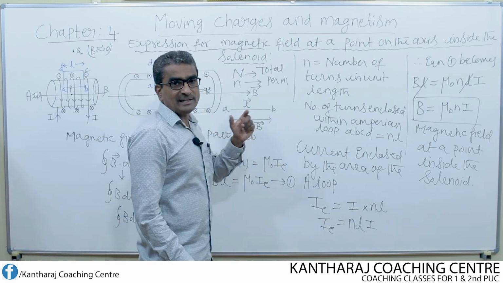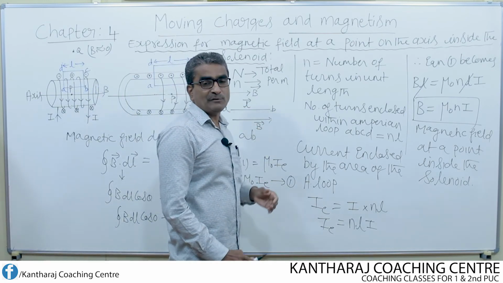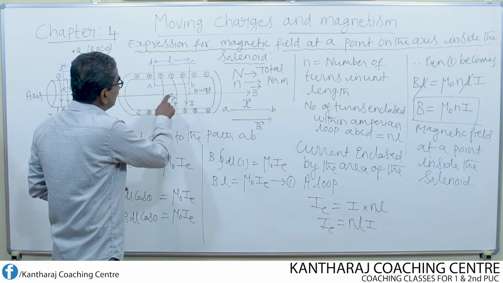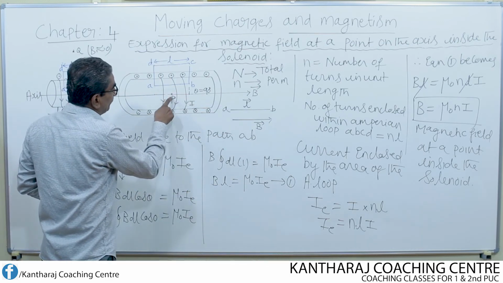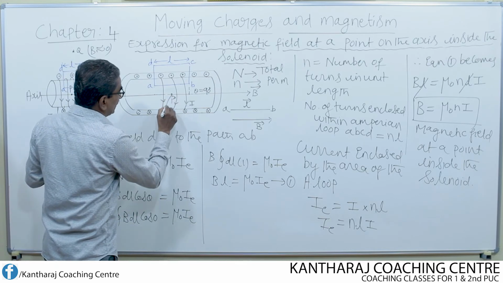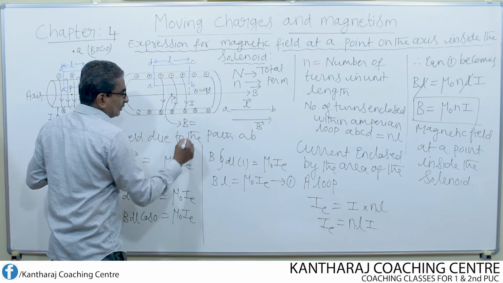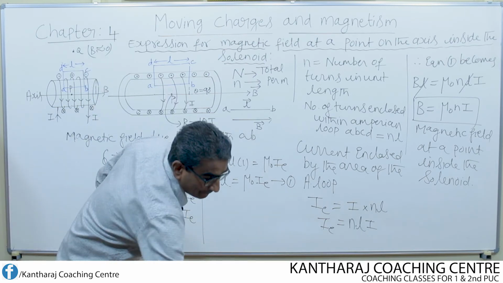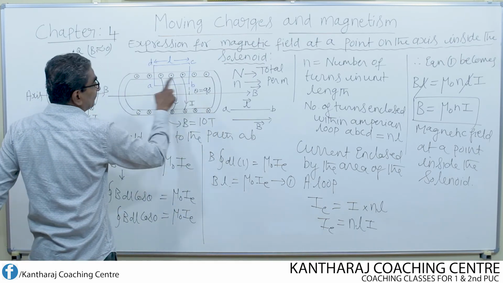At the end of the solenoid, the magnetic field is equal to half of the magnetic field produced at the center. Suppose at the point P, the magnetic field is B equal to, let us say, 10 Tesla, then what will be the magnetic field at the end points?